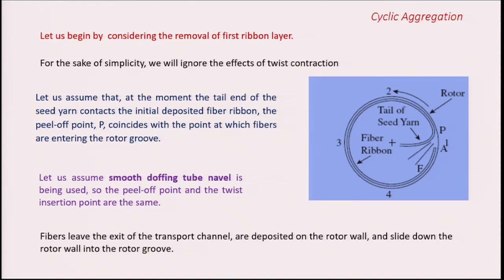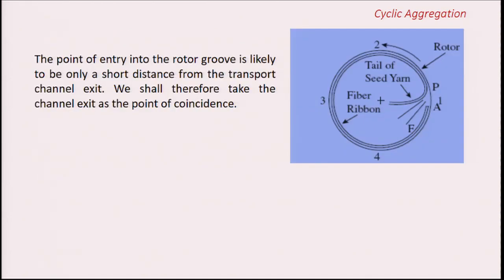So, these are some assumptions that we make, so that we can proceed further to understand how this cyclic aggregation happens. Now, having assumed these parameters, we think that the rotor is going to rotate in the counterclockwise direction.